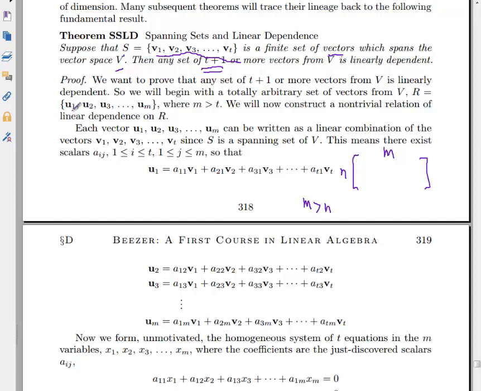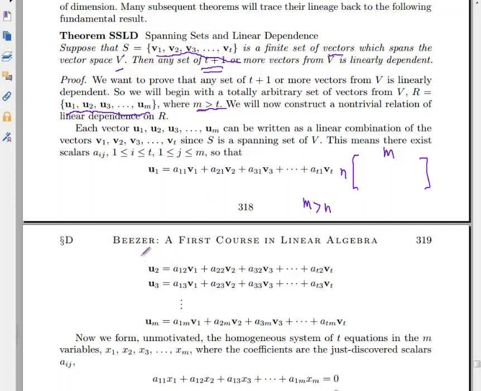Suppose we have a set of m vectors u where m is bigger than t. Okay? And we want to construct a non-trivial relation of linear dependence on u. Now, since these m vectors are contained in V, that means they're spanned by these vectors v.